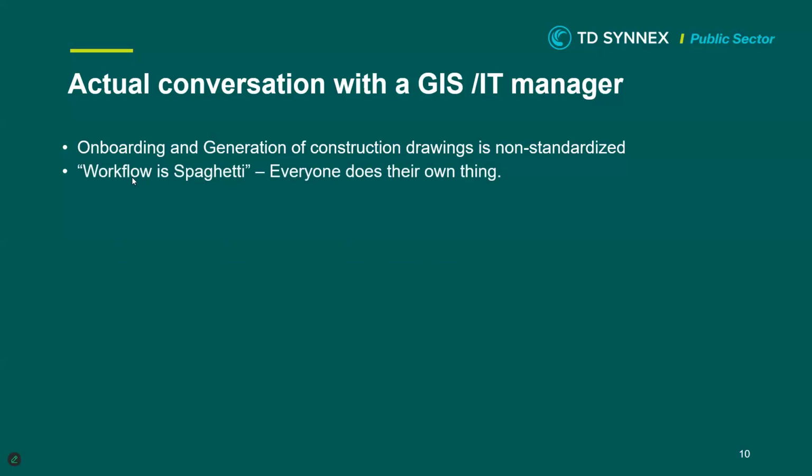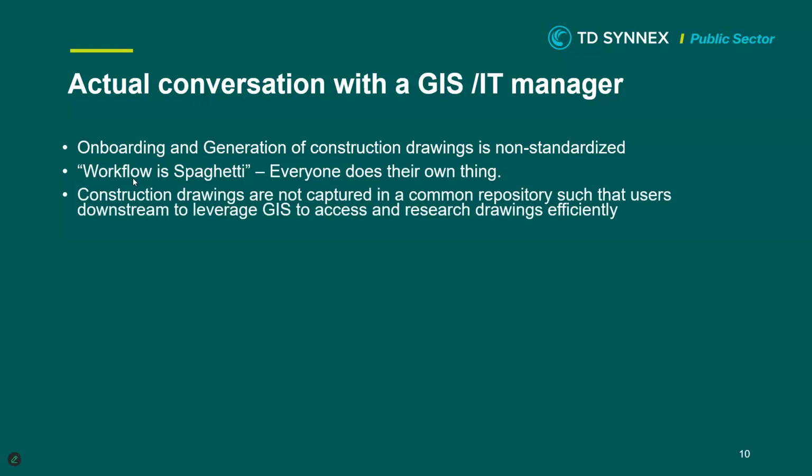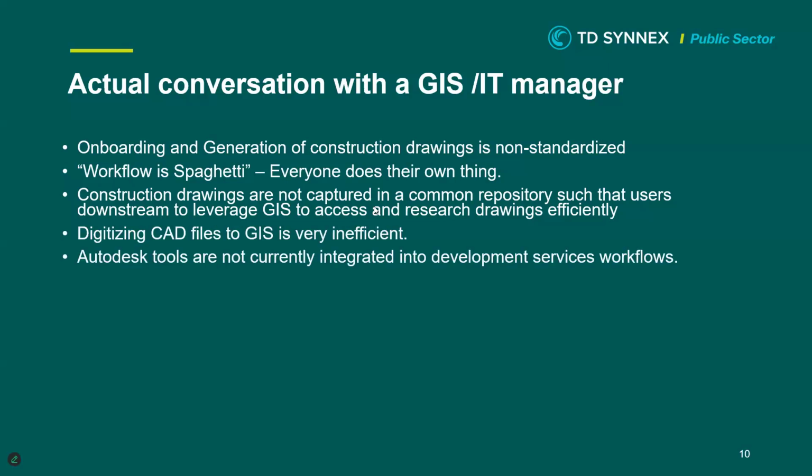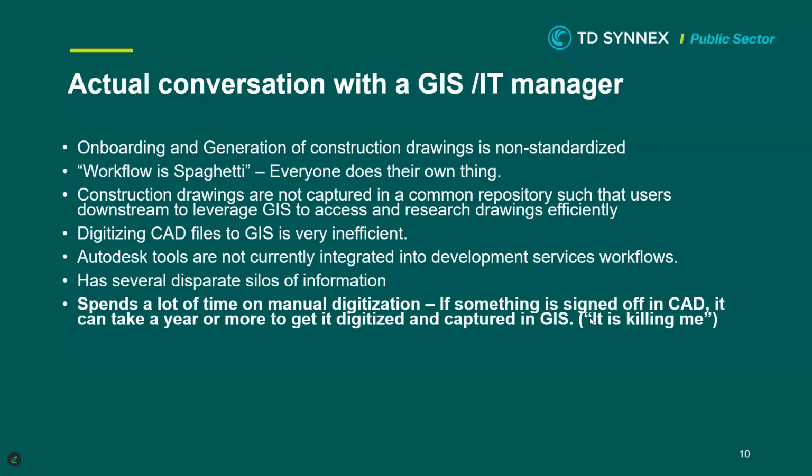He put it this way, workflow is spaghetti. Construction documents not captured in a common repository. You guys can read just as well as I can, but these are all pain points. These are problems that they're facing, silos of information. He literally said, this is killing me. It takes a year to get something from CAD into GIS.